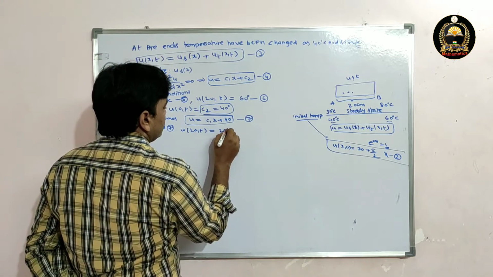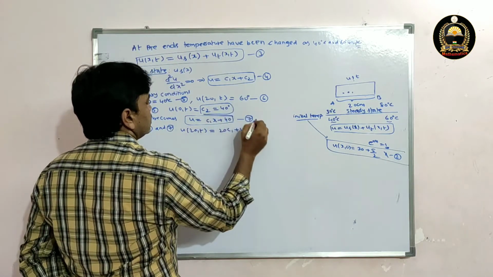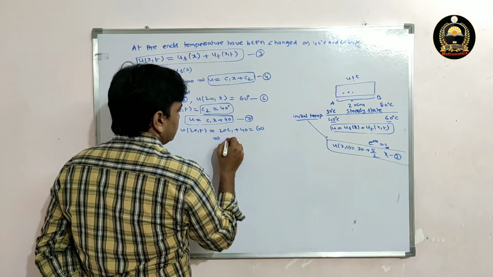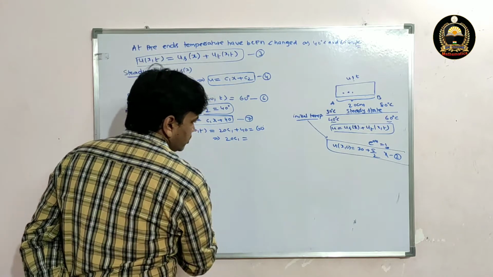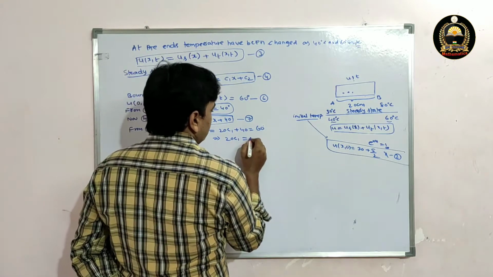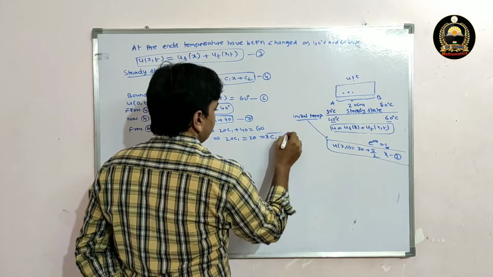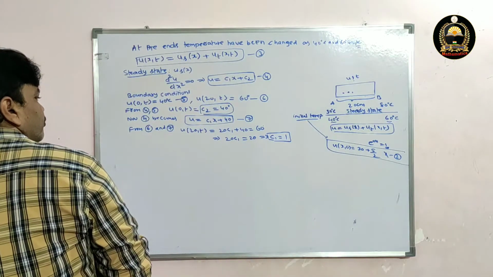So 20 c1 plus 40 is equal to 60. That implies 20 c1 is equal to 60 minus 40, that is 20. That implies c1 value is 1. C1 value is 1.